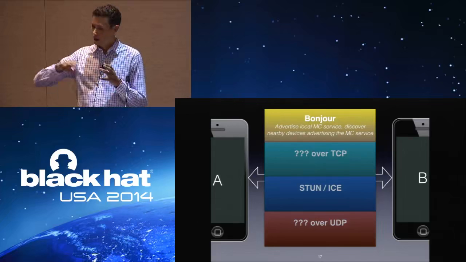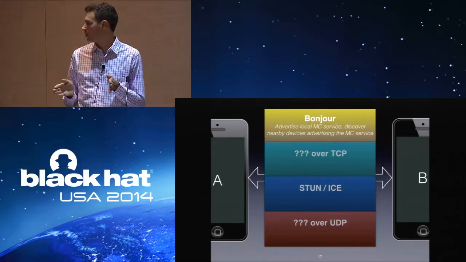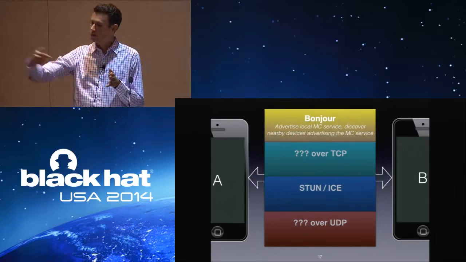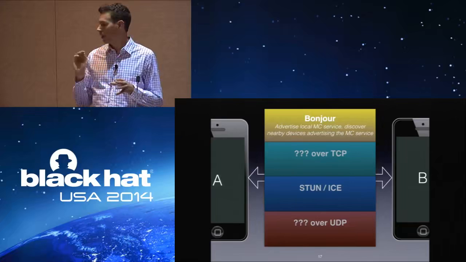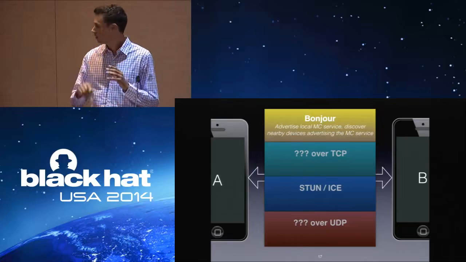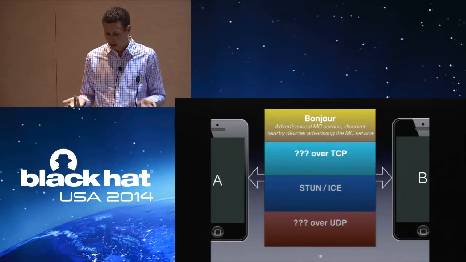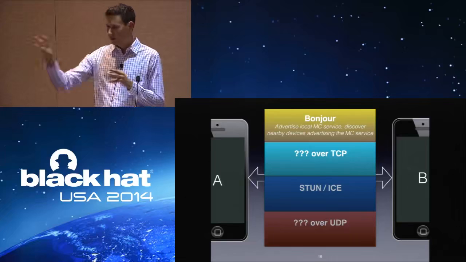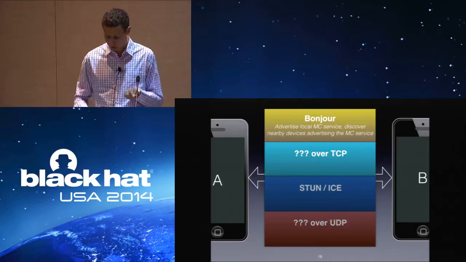And so now the FireChat app is going to advertise its Multipeer connectivity service, and then nearby devices can find it. And so once they find that service, they get the IP address and the TCP port to connect to that service. And that's why the next protocol, which is unknown, is over TCP, and it uses the information that the app got from Bonjour to actually connect.